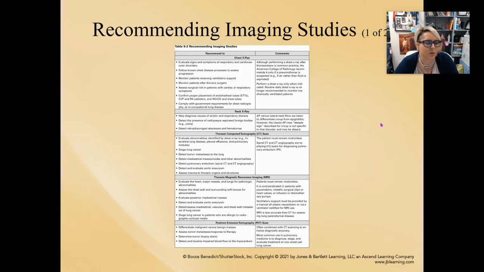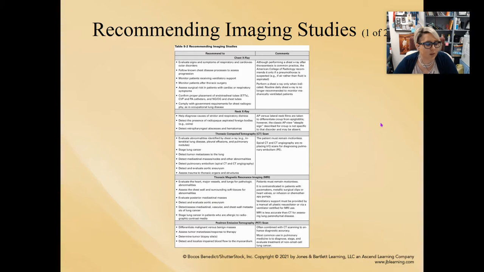Pulmonary embolisms, or you could do a spiral CT and CT angiogram, which is recommended along with a D-dimer, okay? Detect and evaluate aortic aneurysm, assess trauma to thoracic organs and structures. Your patient should remain motionless because we have to go in and out of that CT machine, and they don't want you to move. A spiral CT and CT angiogram are replacing those older VQ scans for diagnosing pulmonary embolism.